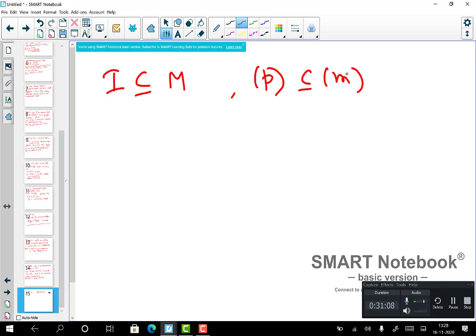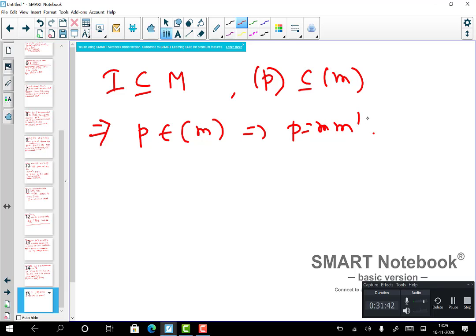Okay, so now straightforward you can say from here that r is an element of the ideal generated by m, and this implies r can be written as some m into m dash, right?